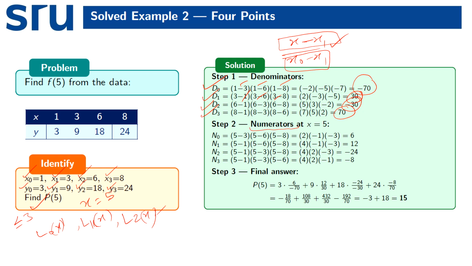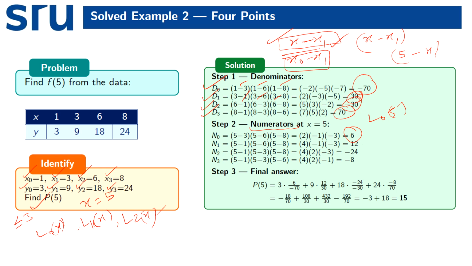In a similar way, we calculate the numerators, the upper part, by putting x equal to 5 in x minus x1 and the rest of the steps are the same. So the first numerator, for L0(5), is coming out as n0 equal to 6.